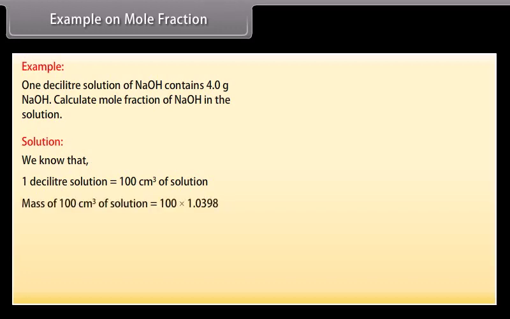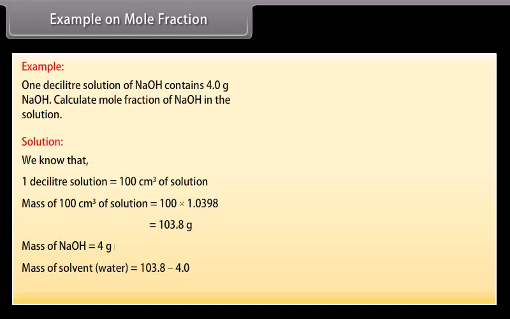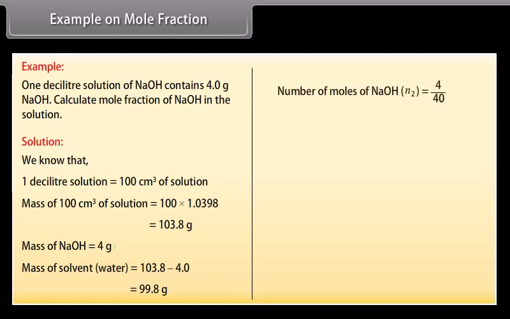Mass of 100 cubic centimeter of solution is equal to 100 into 1.0398, which is equal to 103.8 grams. Mass of NaOH is equal to 4 gram. Mass of solvent, which is water, is equal to 103.8 minus 4, which is equal to 99.8 grams. Number of moles of NaOH, N2, is equal to 4 upon 40, which is 0.10.